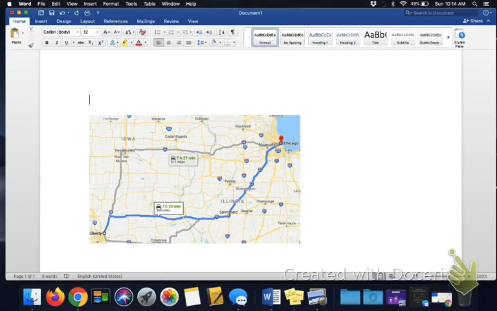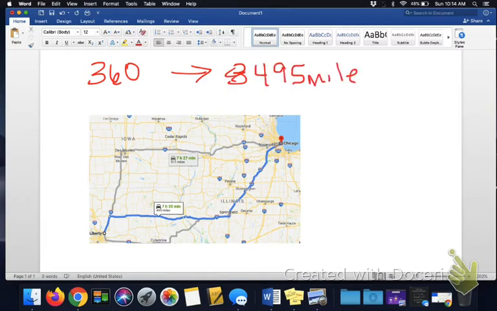Okay? 495 miles. Well, I know that I can go only 360 miles, and I need to go 495 miles. Okay, I'm taking the fastest route, this one that's here in blue.